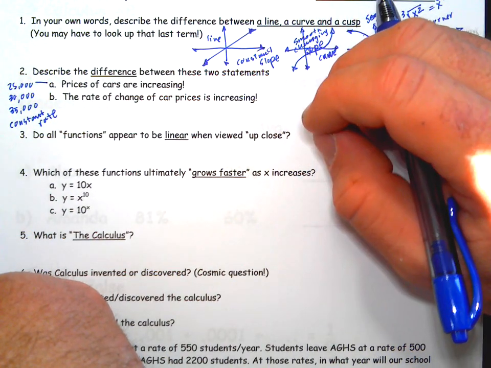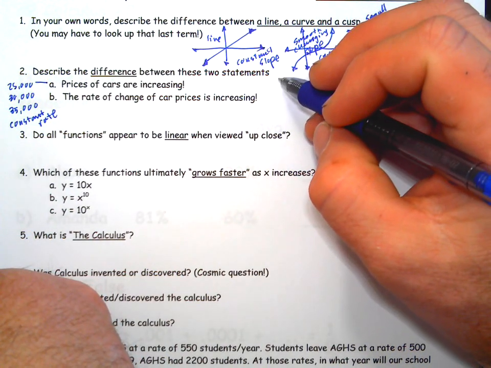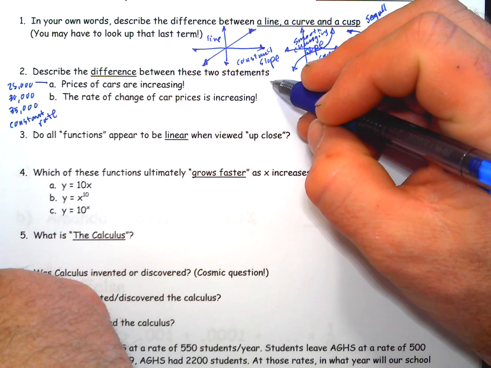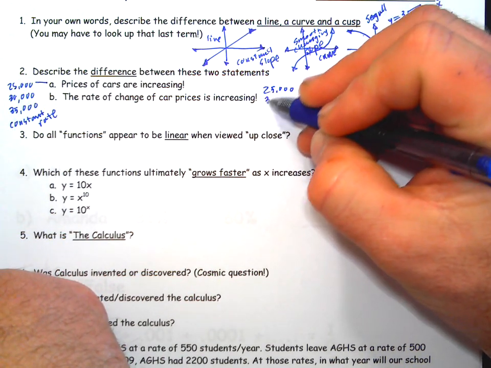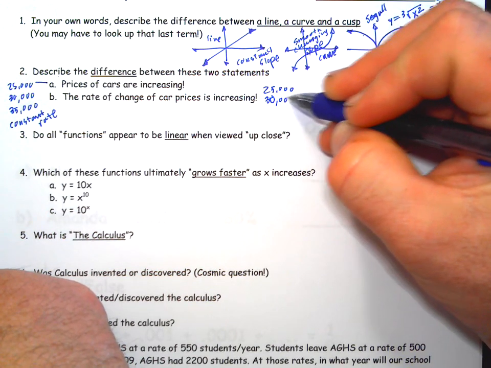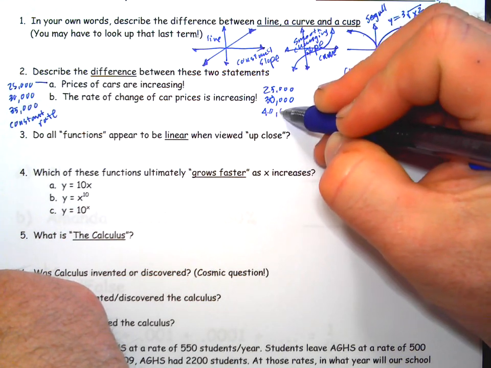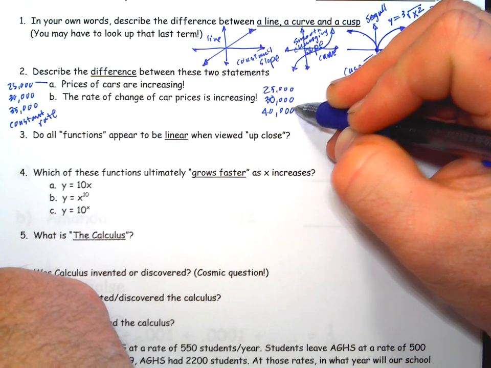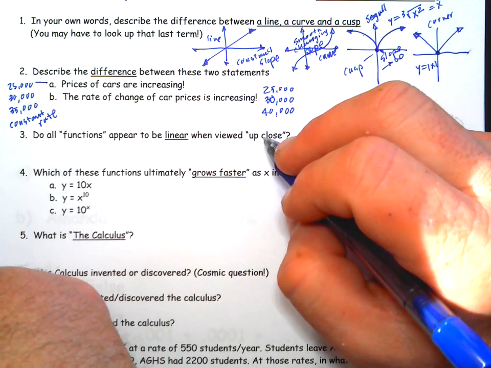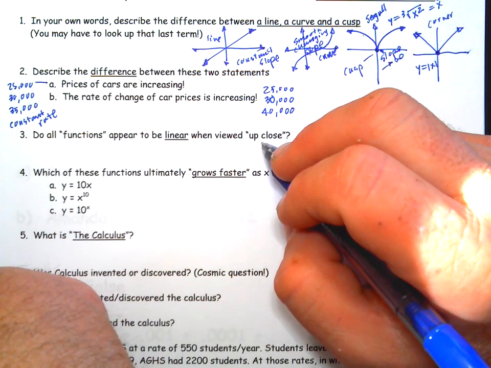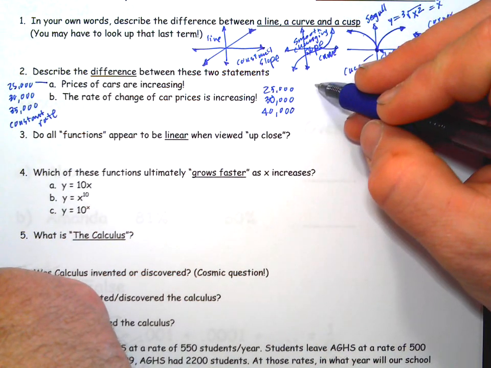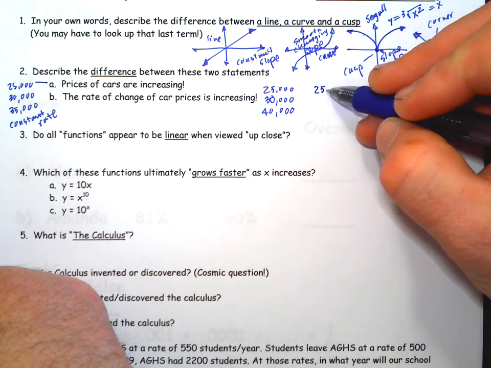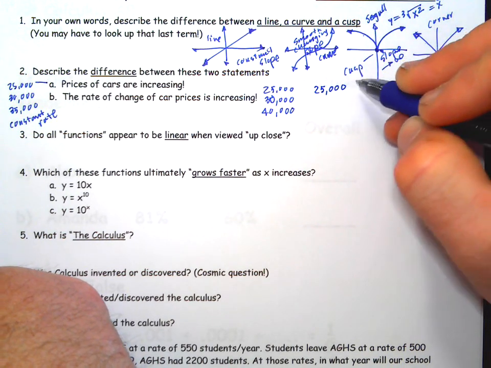The rate increasing would be like going from 25,000 to 30,000 to 40,000. So now the changes are going up by bigger and bigger amounts. And it could even be, even if prices are decreasing, you could say that the rate is increasing.